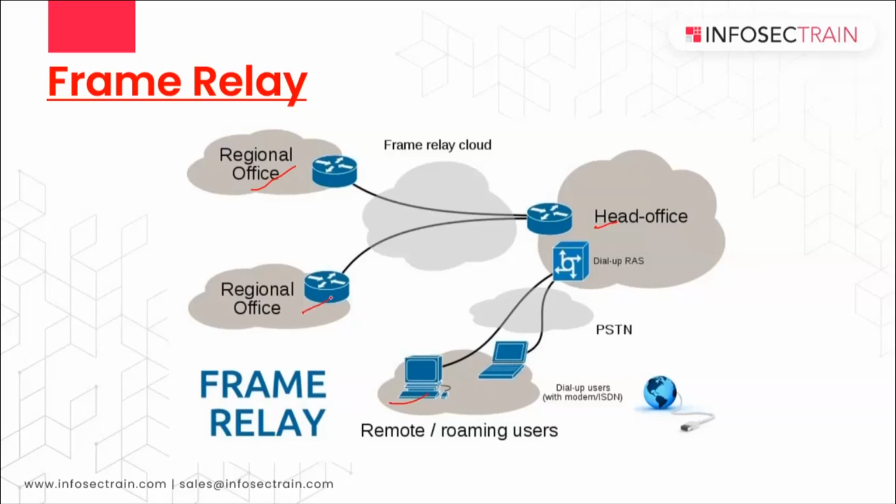Frame relay will be the technology using the packet switching technique. Remember, yesterday we talked about packet switching. All my data is broken into packets and transmitted independently over the network, and once it reaches the destination, it is reassembled and then the data is used.